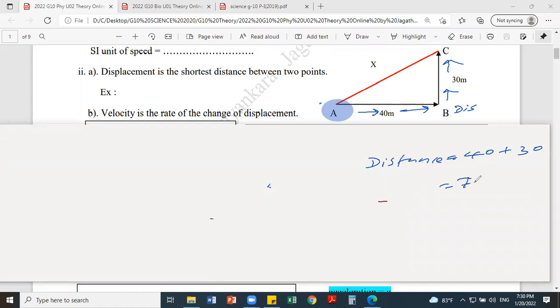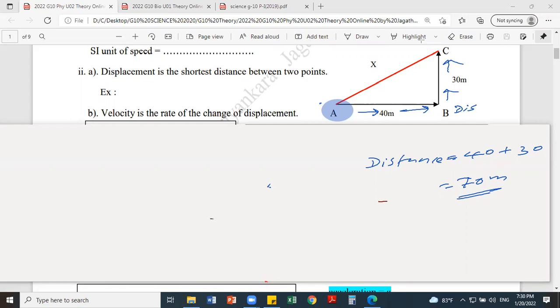In the final answer, you have to write the units. That is the total length of the path. Now, what about the red one? This one is the shortest path. If someone reaches from A to C through this path, that is called displacement.